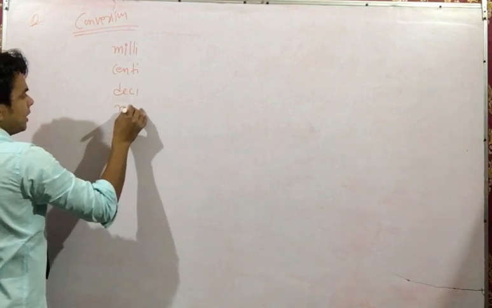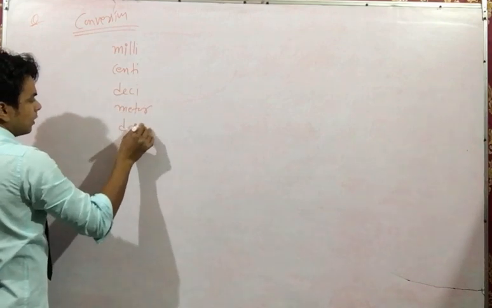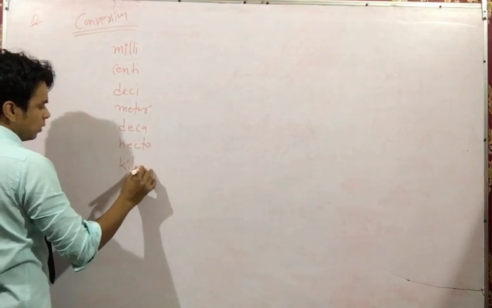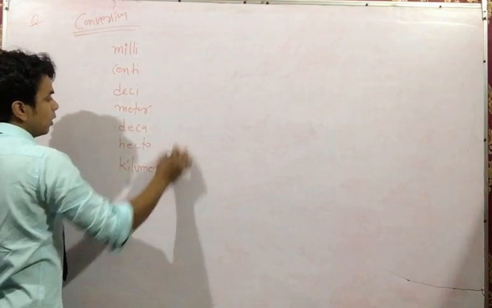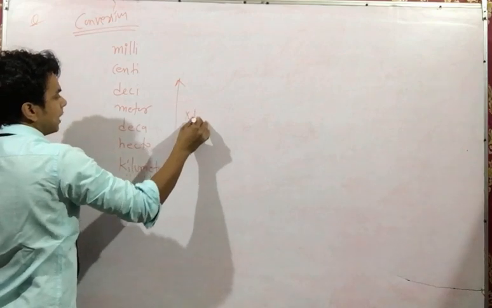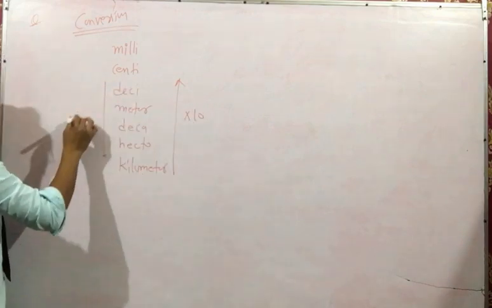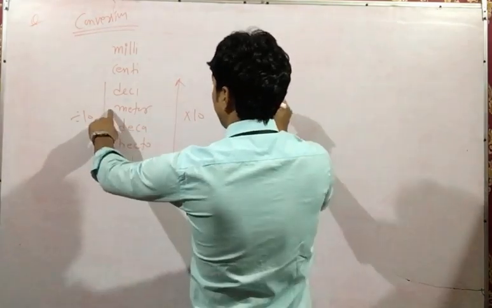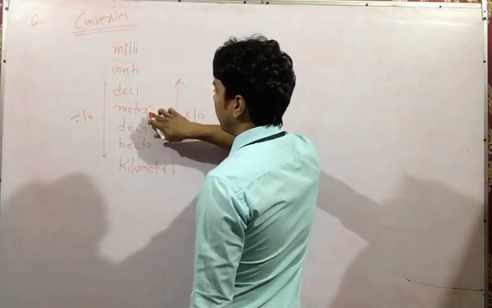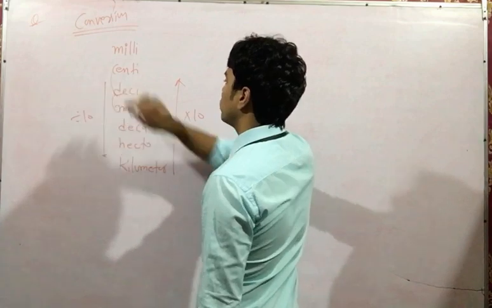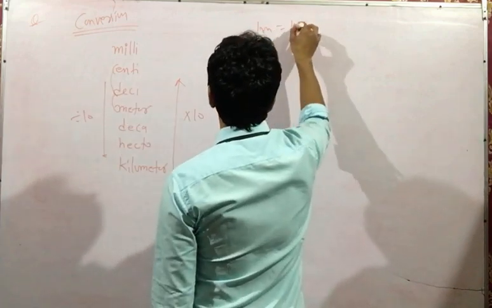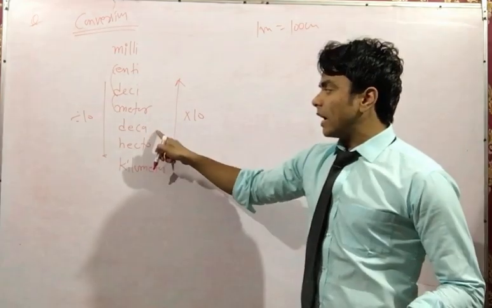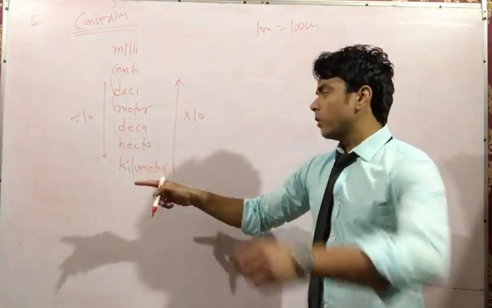When you go to the top, multiply by 10. When you go to the bottom, divide by 10. Simple. Okay, so if I ask you how many centimeters are in 1 meter, how many jumps? 1 jump, 2 jumps. So 1 meter is equal to 100 centimeters. It's simple. How many decameters are in 1 kilometer? So it will be how much?